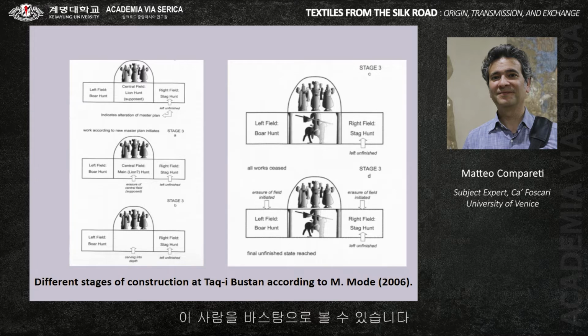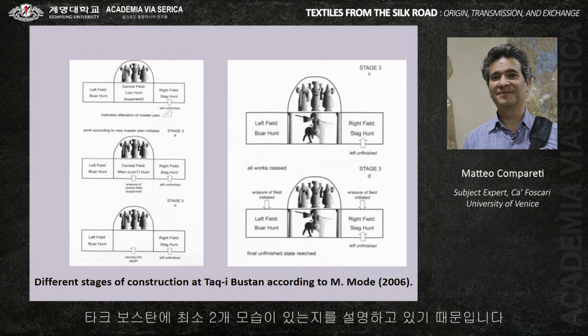Actually, it was an identification proposed by Gianroberto Scarcia from Venice University. And I think this identification is working pretty well with the hypothesis by Mode, because it's definitely explaining why we have at least two phases in the construction of Takebustan.